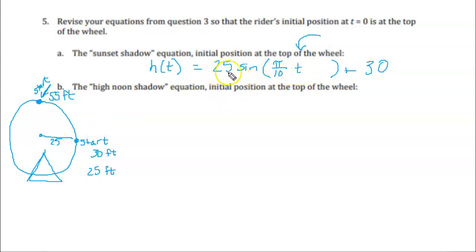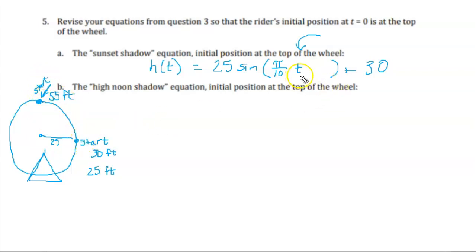Because 1 times 25 would be 25, and 25 plus 30 would be that 55. So the angle that has a sine of 0 is 0. Remember, this here has a sine of 0. Up here at this angle, the sine of this angle, 90 degrees, is 1.